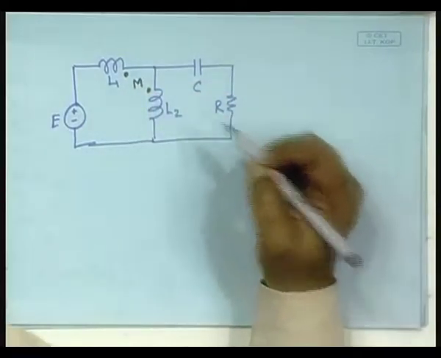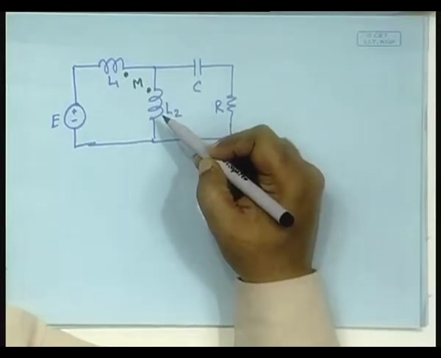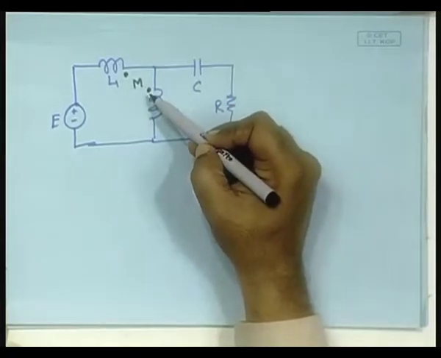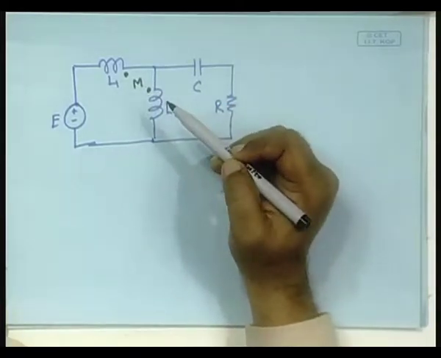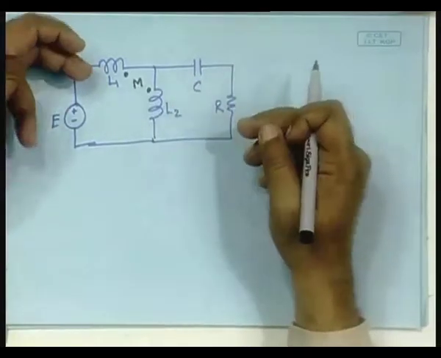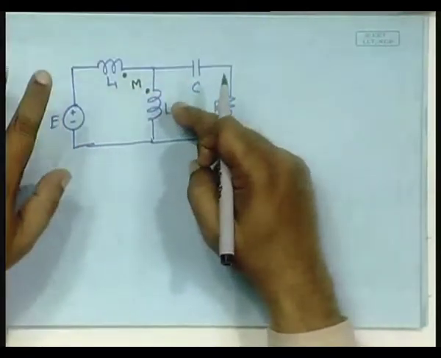Now, whenever there is a mutual coupling between two things, you always put these blobs, the dots. What does it mean? It means that if the current flows into the blob in these two, then they would be additive, the magnetic fields will be additive.